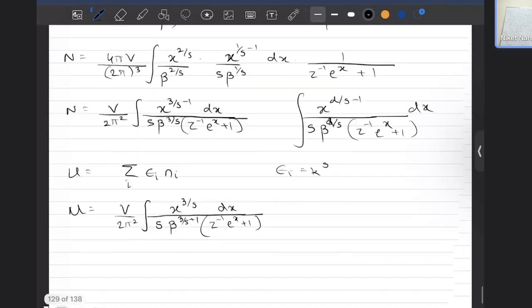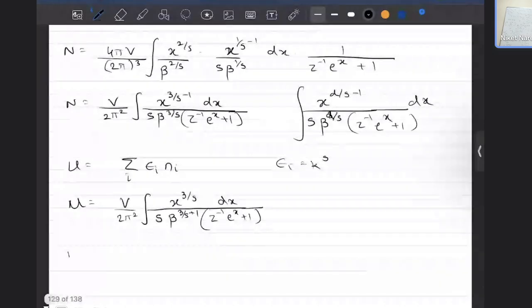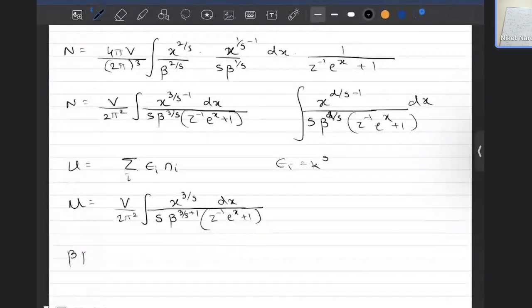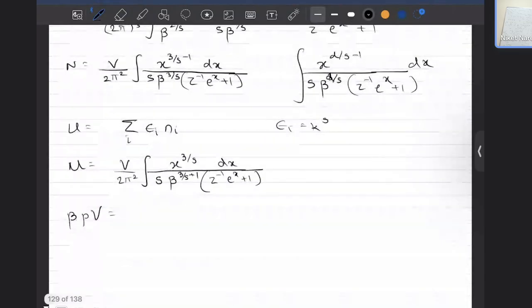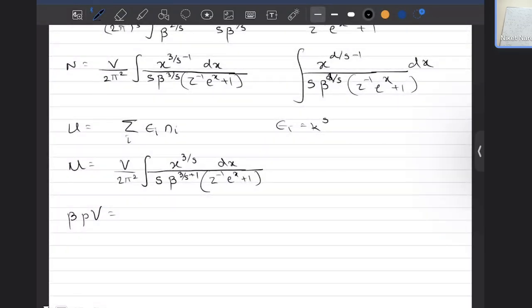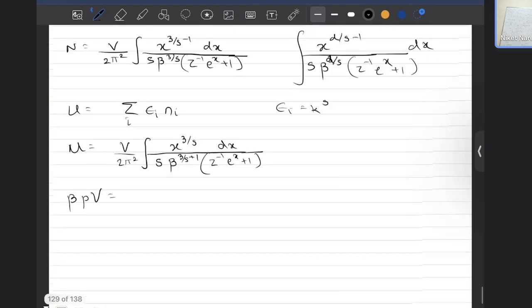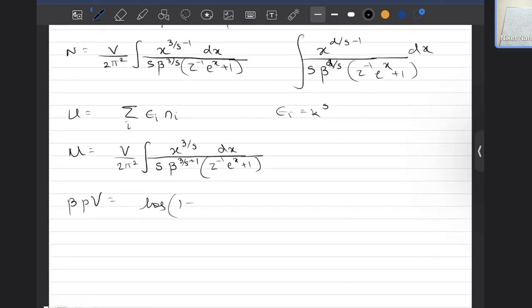This is u. And now beta PV is also something that we had seen. I don't remember the expression. I'll have to check the expression for beta PV. It had a log. This is what I remember. It had a log of 1 plus q. Okay, let's check the expression.